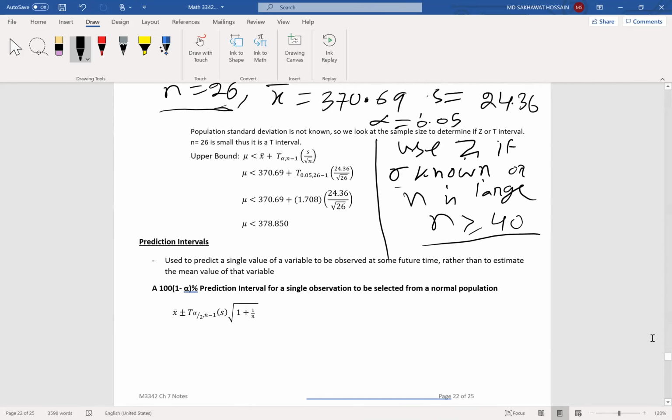Okay, then prediction intervals. Till now we constructed confidence intervals. So what is the difference between prediction intervals and confidence intervals? The confidence interval we usually construct for mu, the population mean.